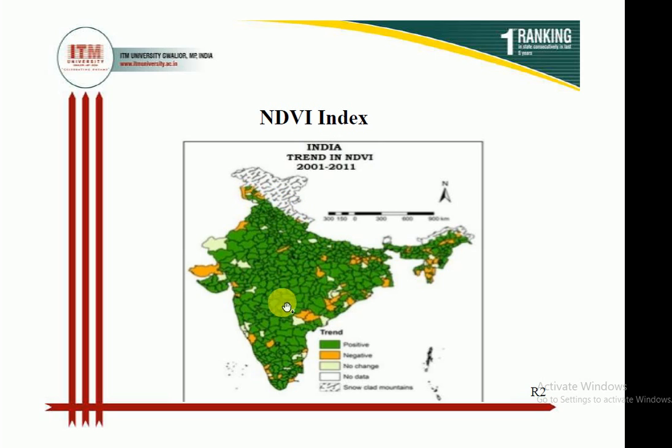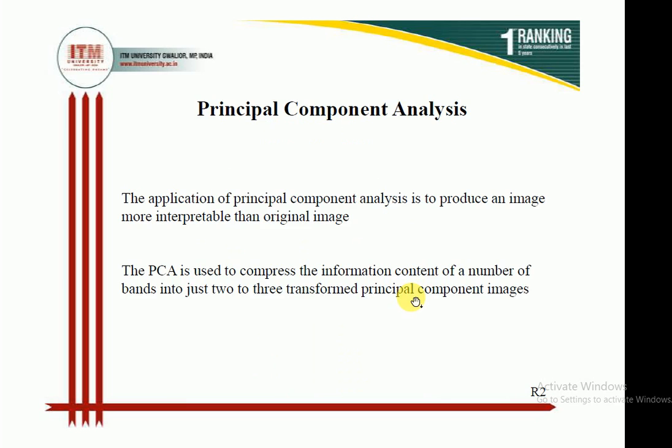It represents that the area having positive NDVI has greenish vegetation. The area having negative NDVI does not have green vegetation, or the plants which are present in that particular area suffer from certain problems or have some deficiency problem.